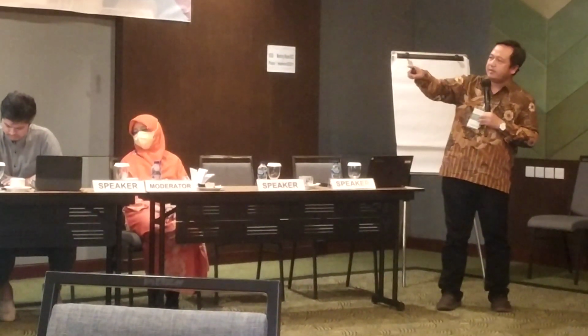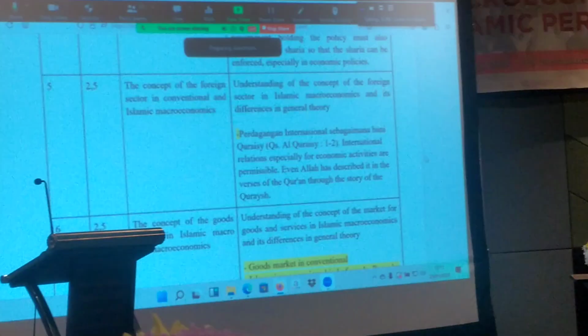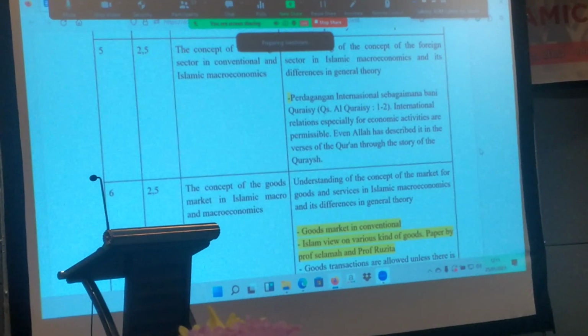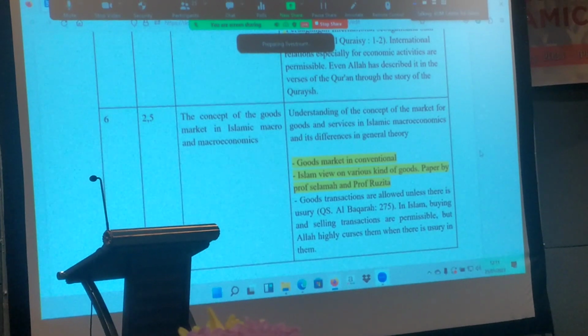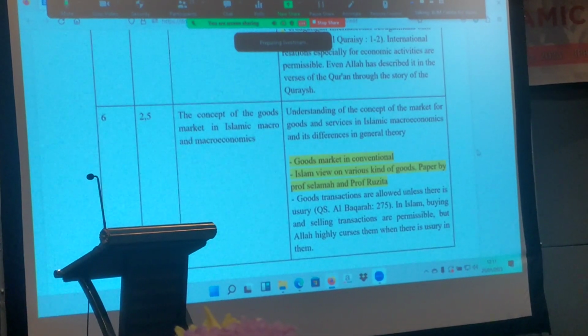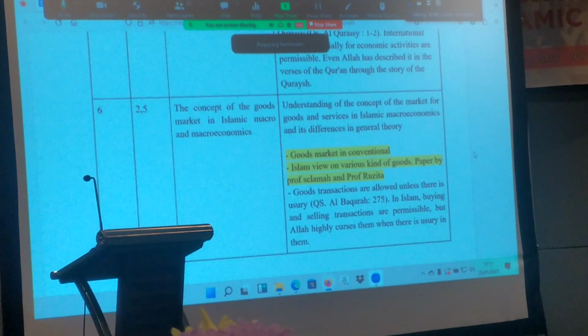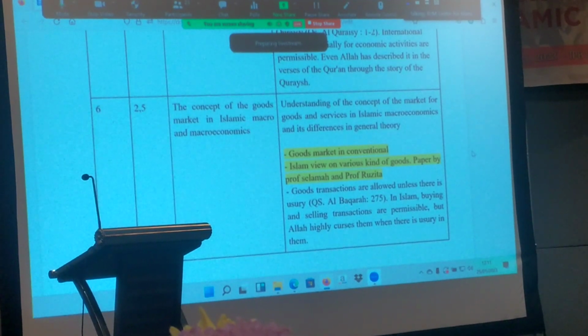Next, this is government, this is foreign sectors, and the goods market. In the goods market, I normally bring the students into discussion.